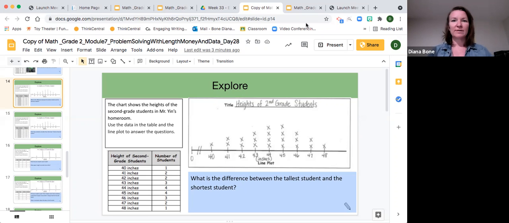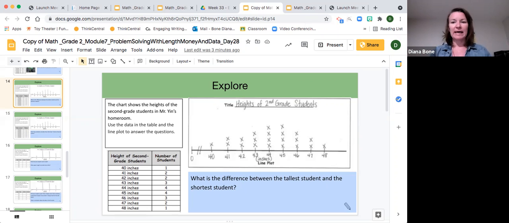If you are in this group, there is probably a chance that you're having a little bit of a difficult time understanding how to answer questions and solve problems that involve line plots. And I don't blame you, because it's very tricky.